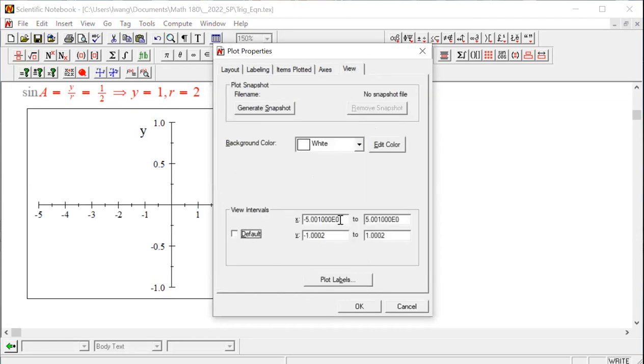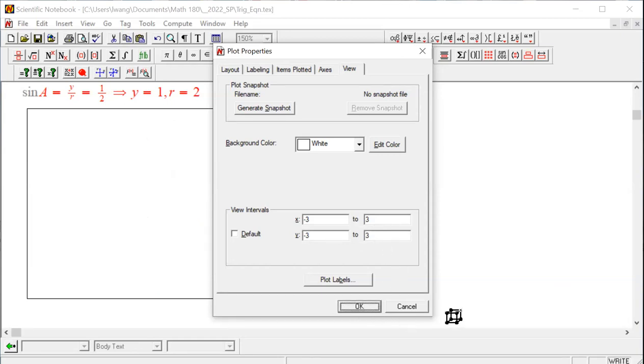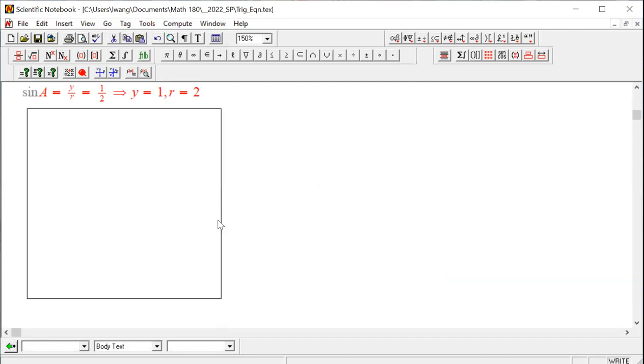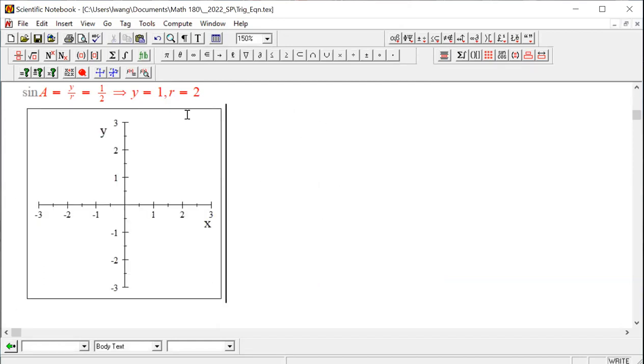I'm just making some adjustment to my rectangular system, because in my definition, sine is 1/2, so y is 1, r is 2.